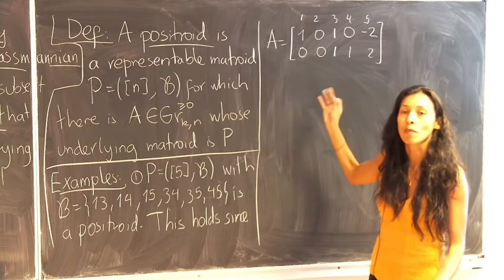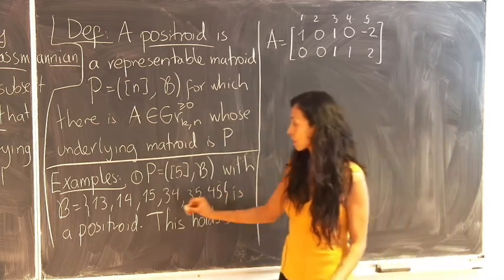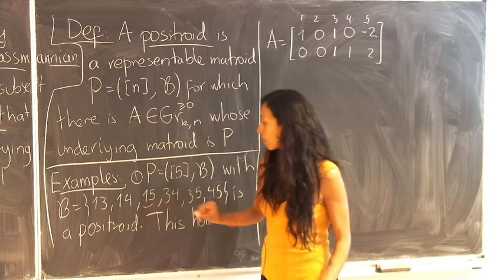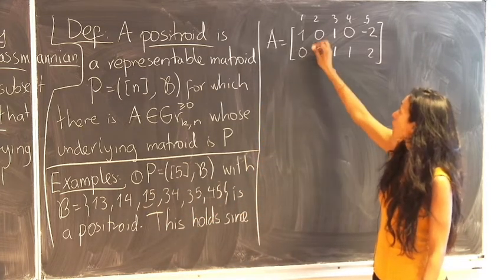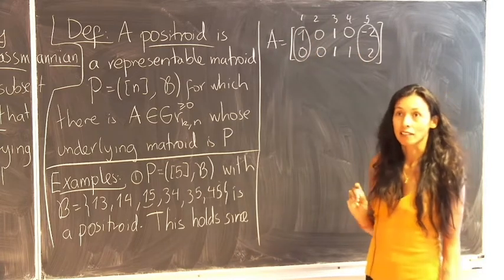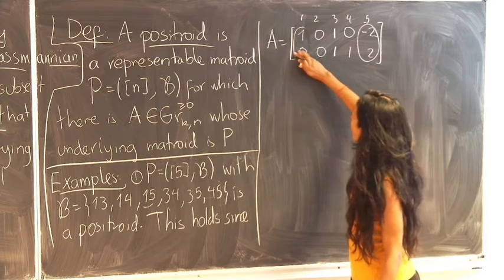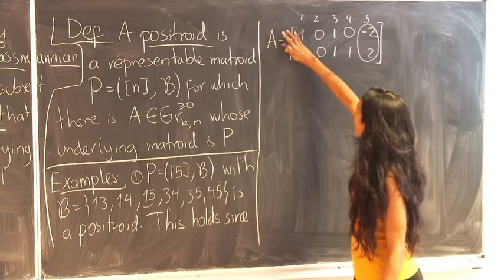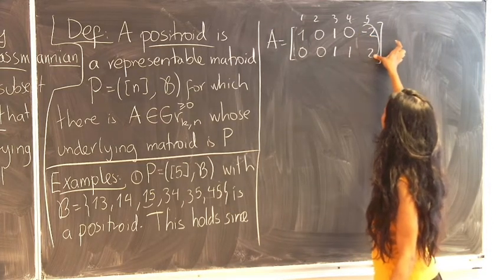The rest of the minors should be equal to 0. So for instance, if we take 1 5, then I look at columns 1 and 5. They form the matrix given by these 2 guys, and that has determinant 2. And the same should happen with the others. I'm not going to check it right now, but maybe you can check that I did it correctly. If not, please let me know.